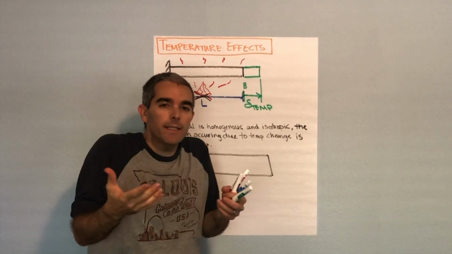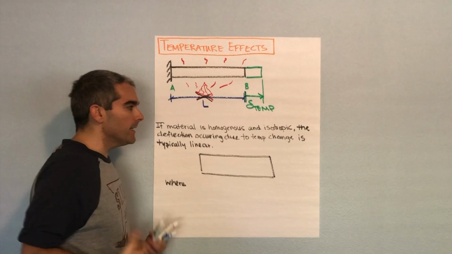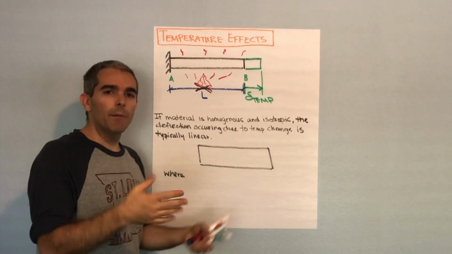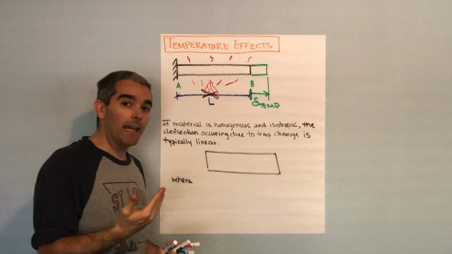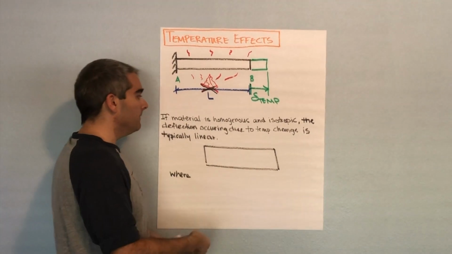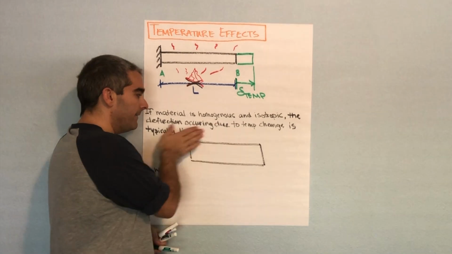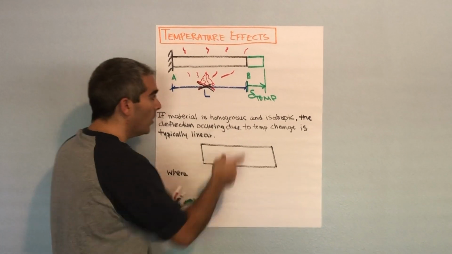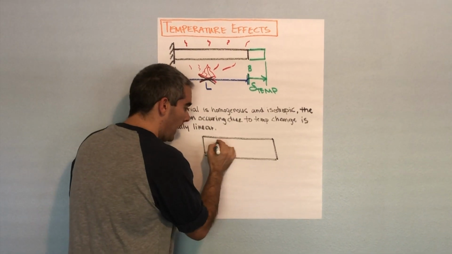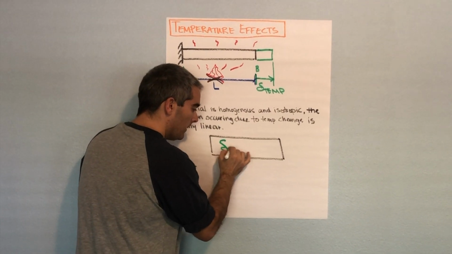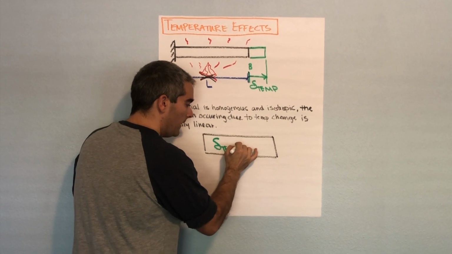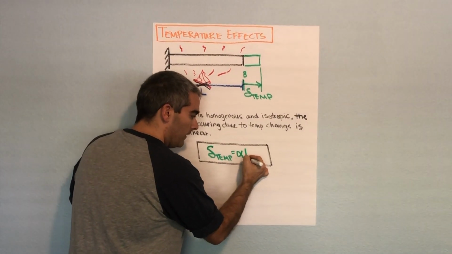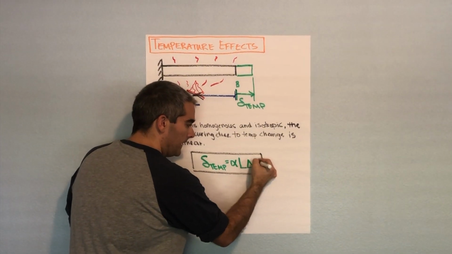We already stated that if a material is homogeneous and isotropic, like our metals or steel or aluminum, all these things that we typically use to fabricate things in engineering, the deflection due to the temperature change is typically linear. And so we can say that delta temp equals, our formula is alpha L delta T.